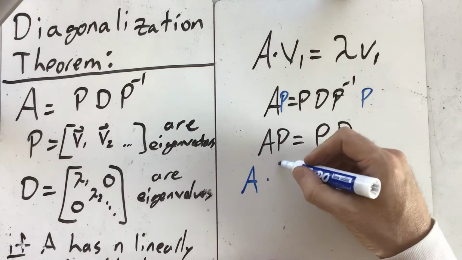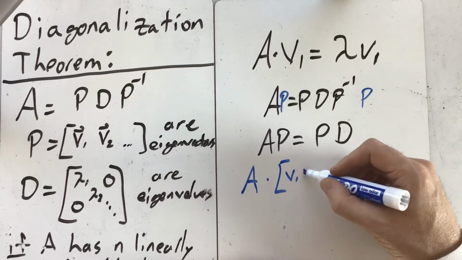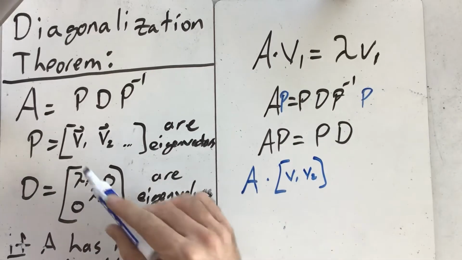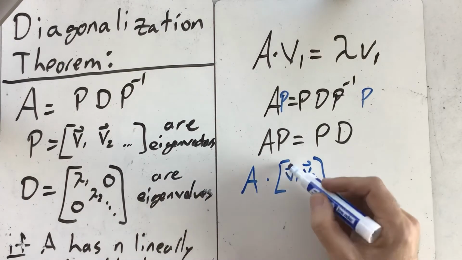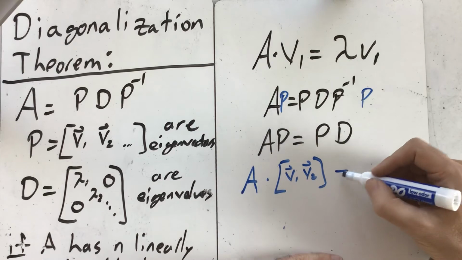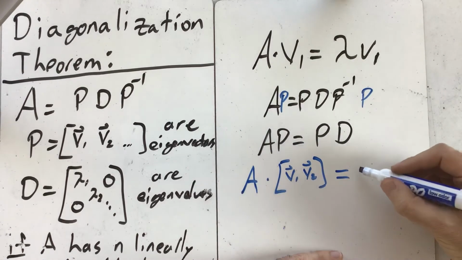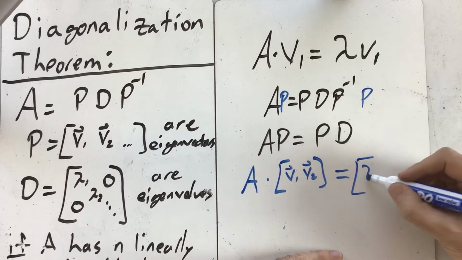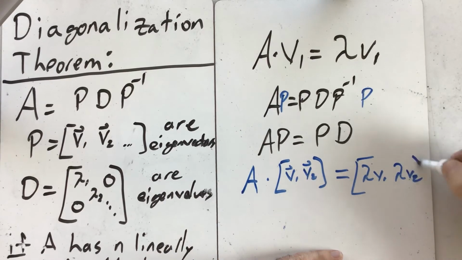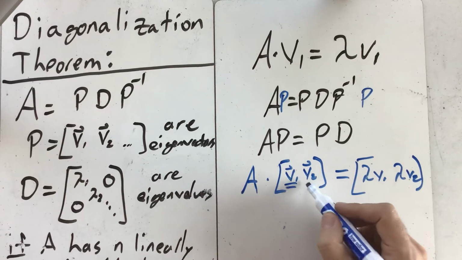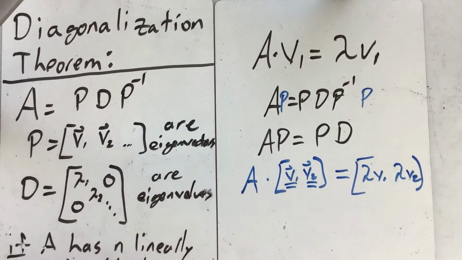Well, that is A, and P is our matrix that's just made up of our eigenvectors. Well, all we do is we do A times the first vector and A times the second vector. So that just means that we get lambda times that first vector and lambda times that second vector, because all A does is it just stretches those two vectors by whatever the eigenvalue is.